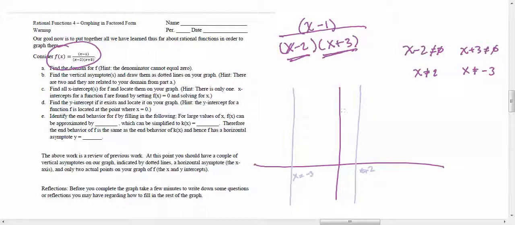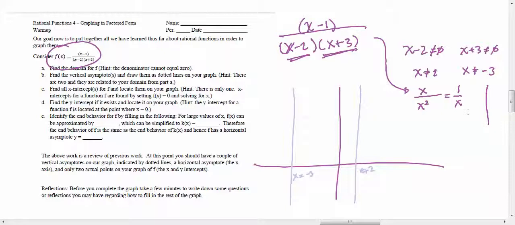Alright. Now I'm going to look for my horizontal asymptotes. Those are pretty straightforward too. You let x go to infinity. So the leading term of the numerator is just x, whereas the leading term of the denominator is x squared. That reduces down to 1 over x.